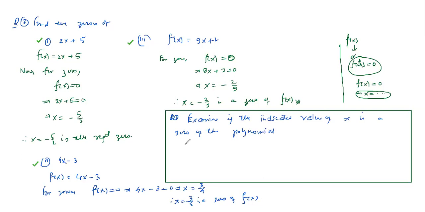So there will be a polynomial and there will be an indicated value, and you have to examine whether it is a zero or not. This is number one. For checking zero, you have to check whether the value comes out to be zero or not. There are two values you have to check here. One is x equal to 1, another is x equal to minus 2. So this is what you have to do. Once you finish writing, please inform me.